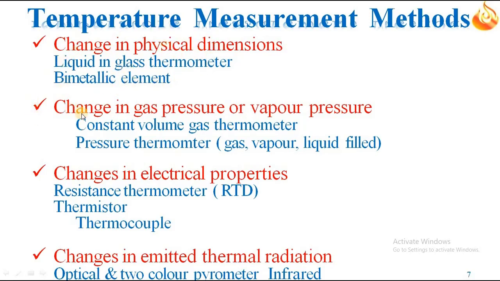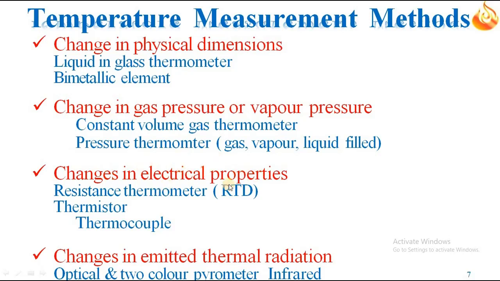Then next we are going to see the change in gas pressure or vapor pressure. By changing the gas pressure, how to measure the temperature, we are going to study that. In that we have these types, that is constant volume gas thermometer and pressure thermometer. After that we have the next type as changes in electrical properties.